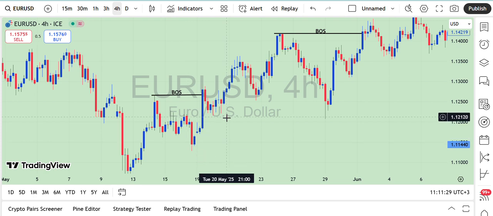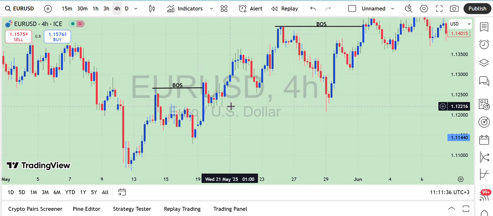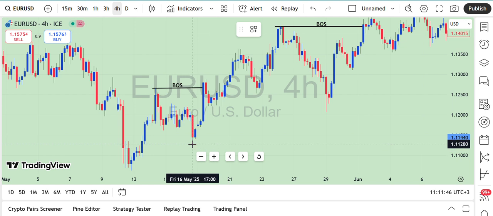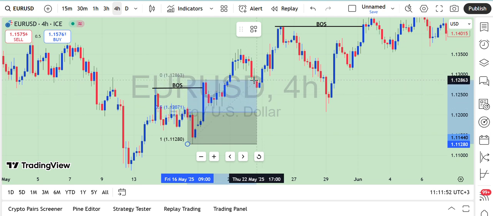So first of all, I will find out if these pullbacks are complete or incomplete pullbacks. The first thing I will do is take my Fibonacci tool and mark from this low that broke structure up here. For the first pullback, you can see very clearly that it is not complete.